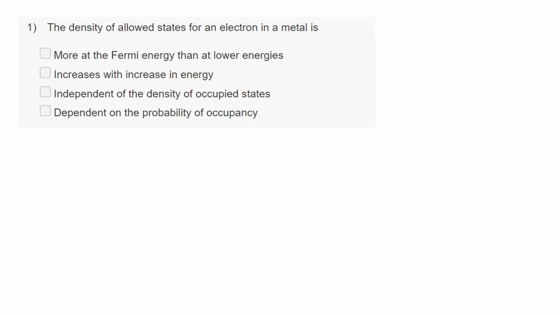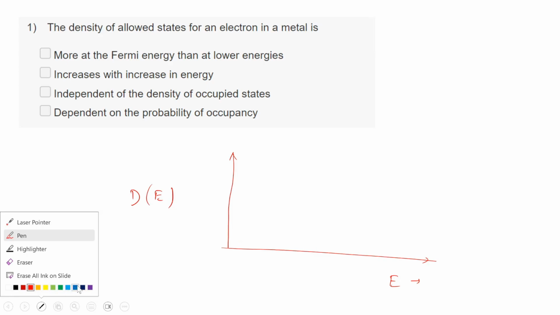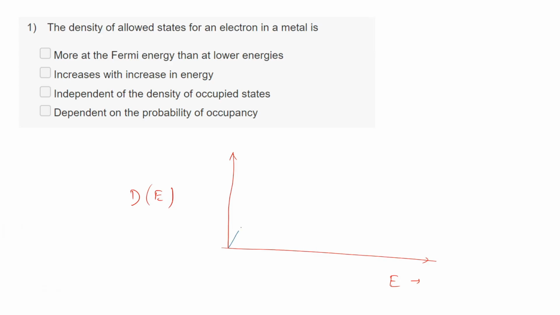Okay. So the density of allowed states for an electron in a metal. How do we find this? Let us plot the density of allowed states. The density of allowed states is D of E on this axis and E on this axis. It looks somewhat like this.